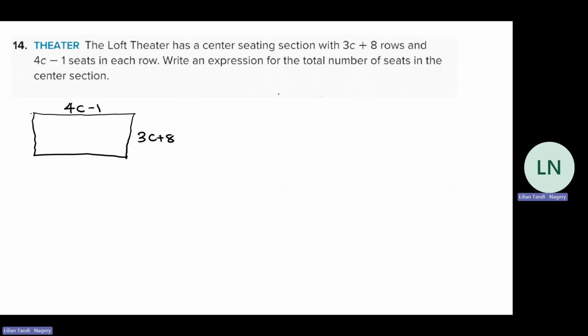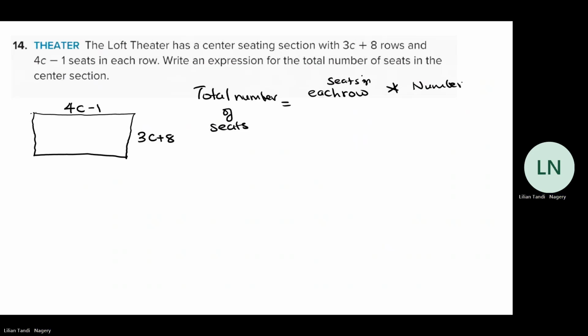So I will multiply these two. So total number of seats equals number of seats in each row multiplied by number of rows.